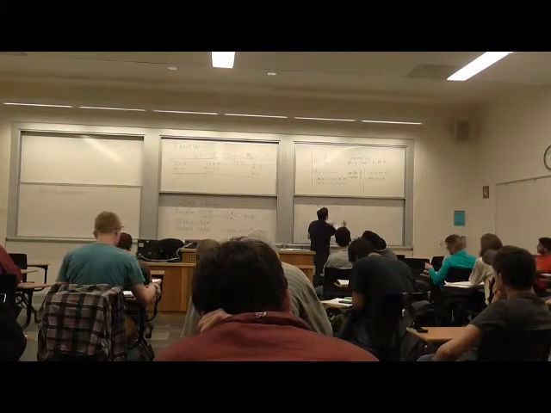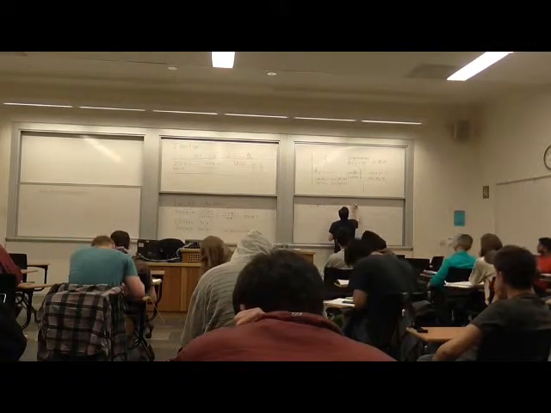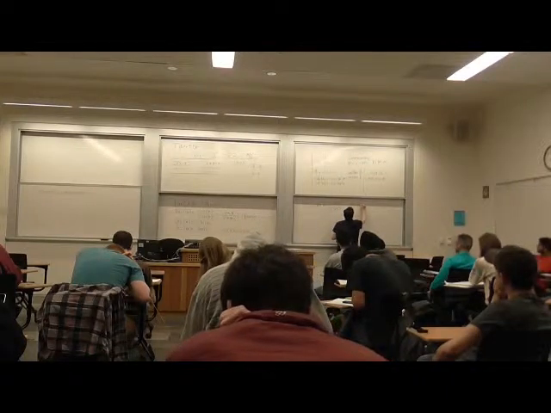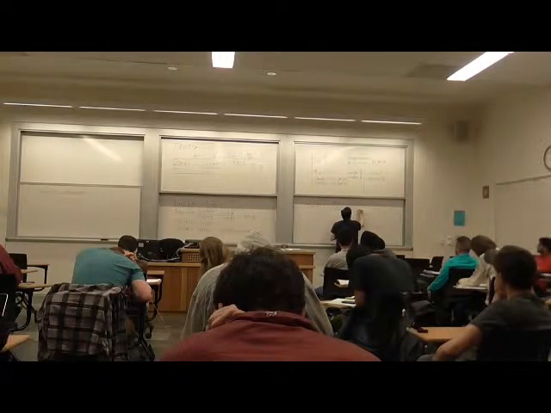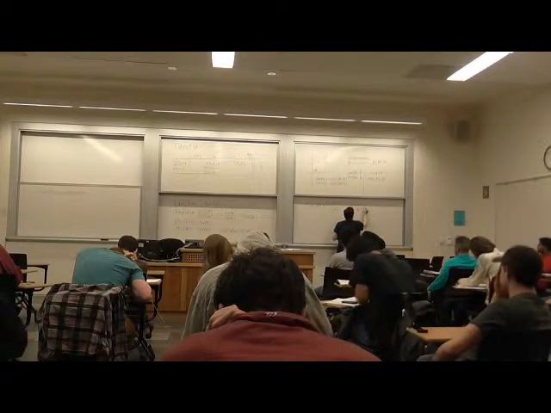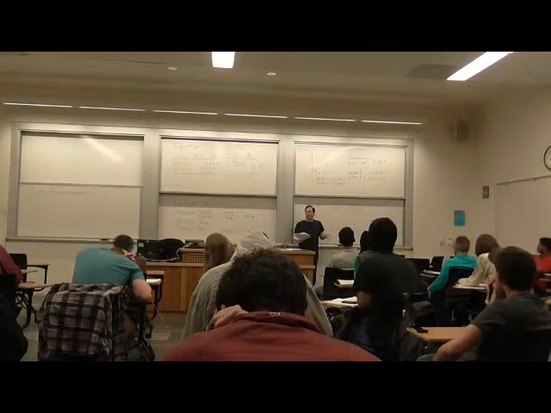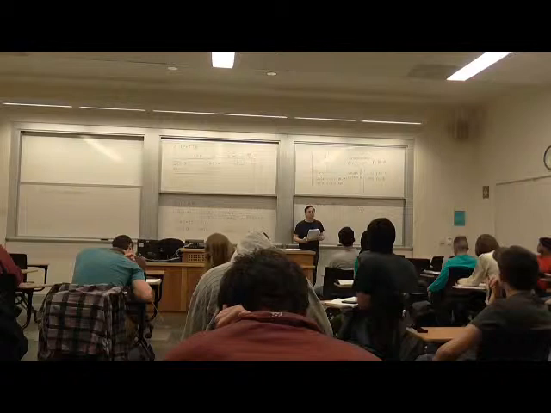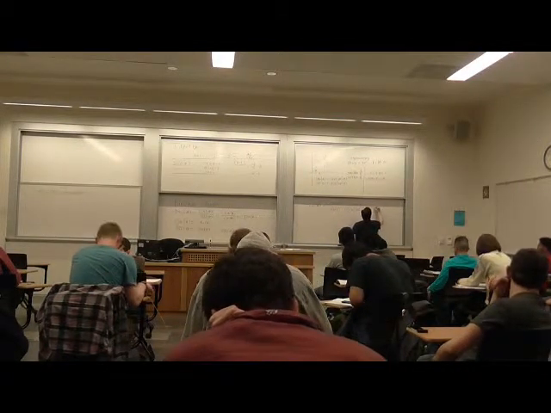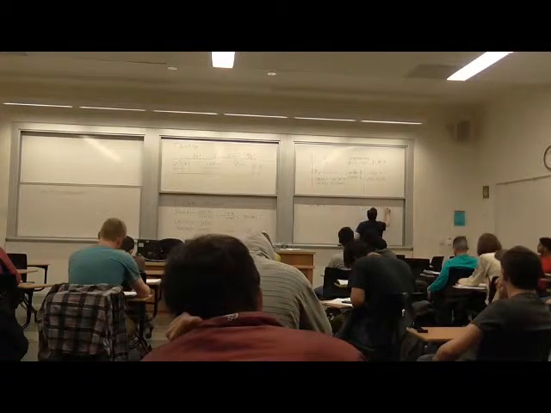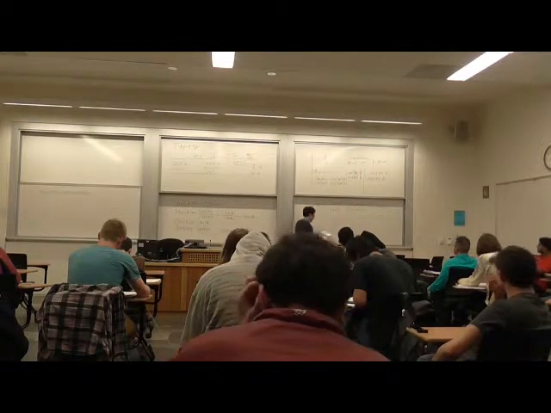But applying our identities, it's the cosine of 90 minus theta over the sine of 90 minus theta. Well, what's the cosine over the sine of something? Cotangent. So, you see here we have a nice identity for the tangent.